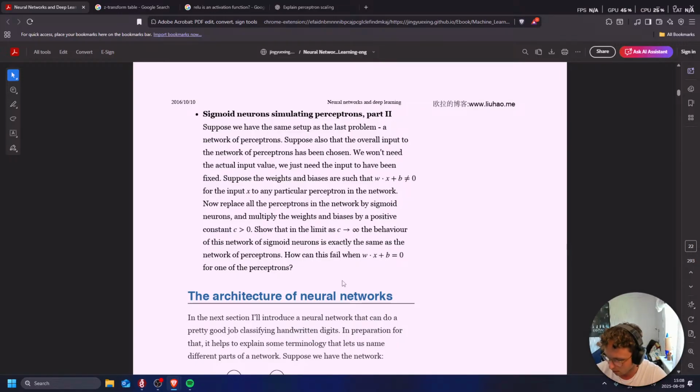Suppose also that the overall input to the network of perceptrons has been chosen.